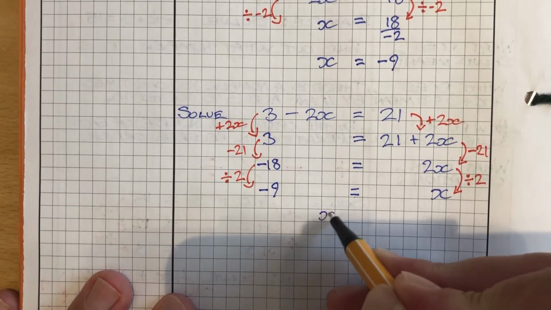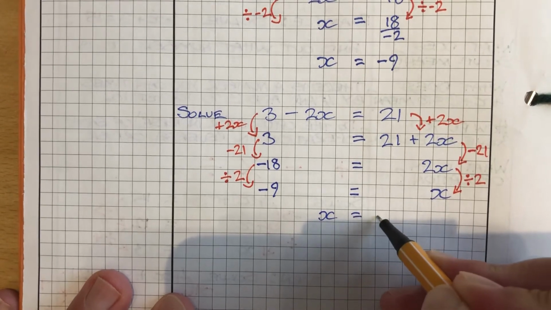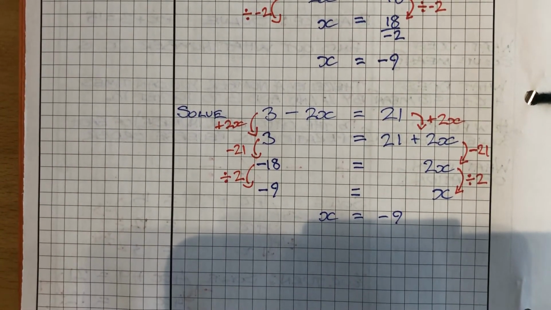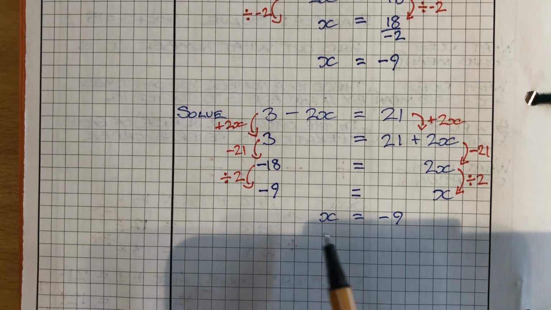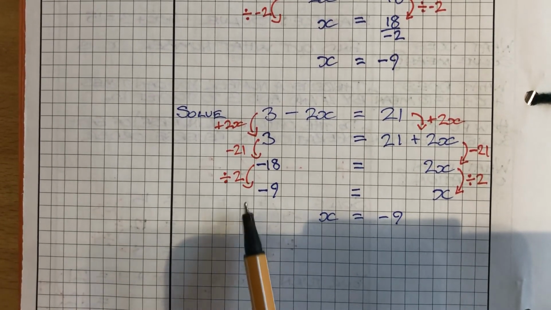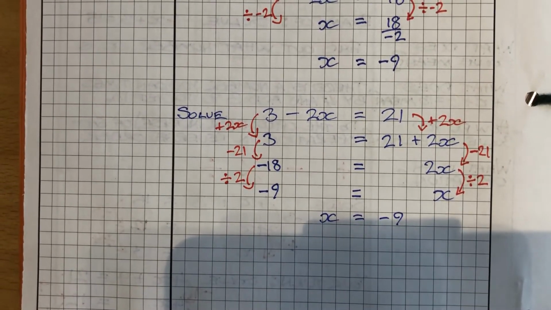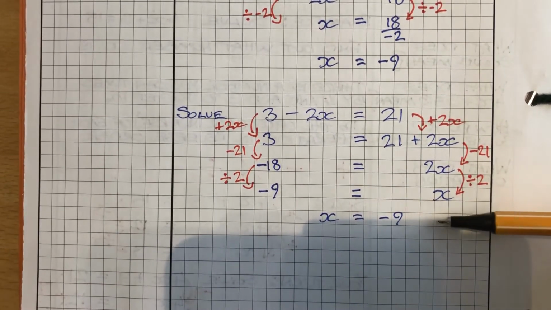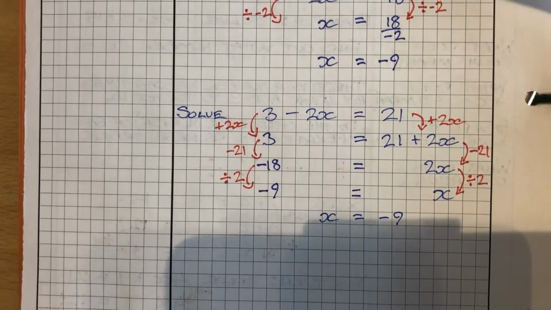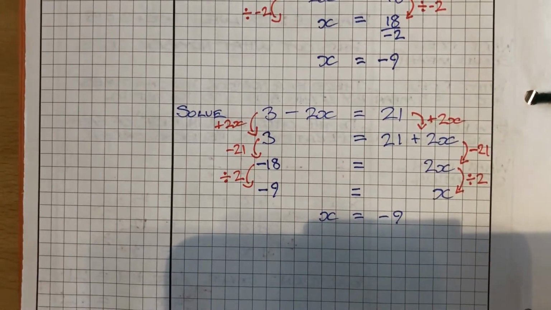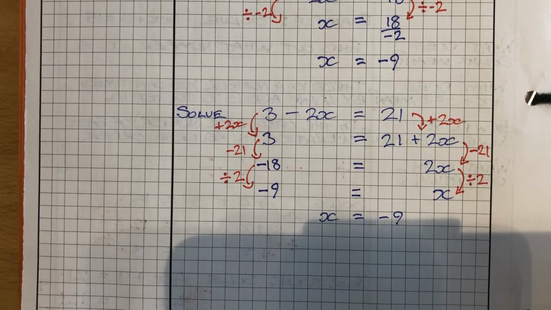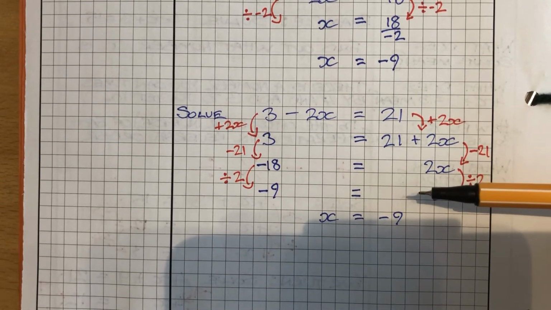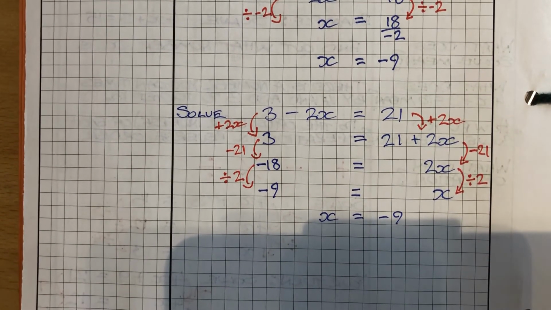I usually prefer to end up with x on the left hand side, so I just switch it around. x is negative 9, but negative 9 is x, says the same thing. Notice, if I hadn't done that last line, these 2 methods take exactly the same amount of writing. So it's your choice. But I prefer this one. Why do I prefer this one?